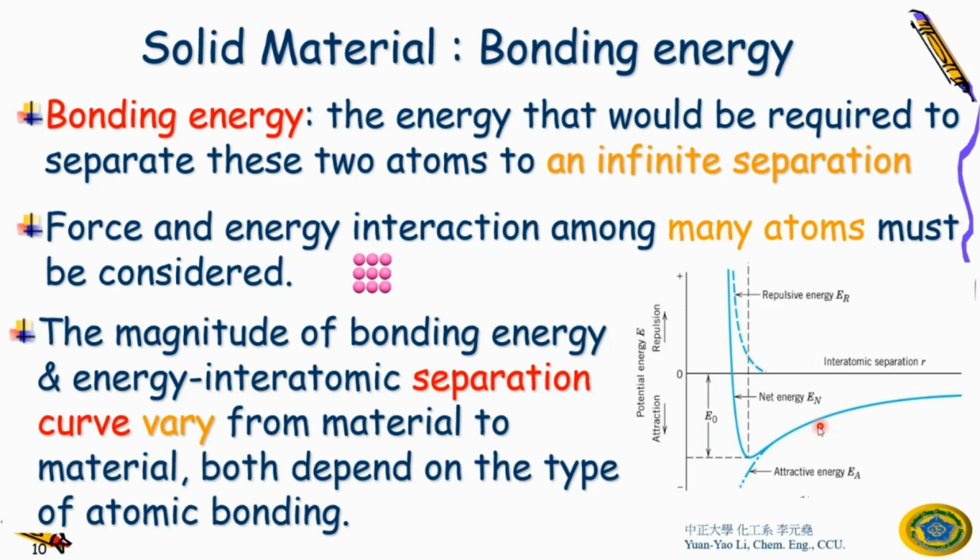This curve can be like this, it can be like this, it can be like this. It depends on the different types of atoms. But there are two things for sure: you can always find the equilibrium spacing and bonding energy.